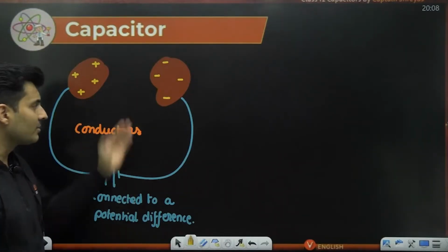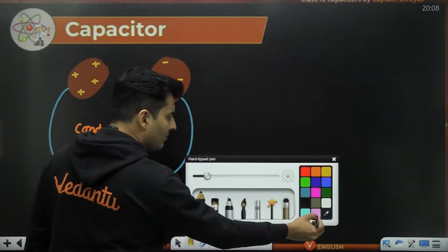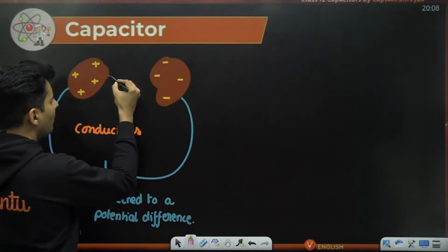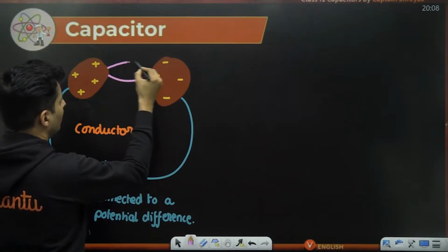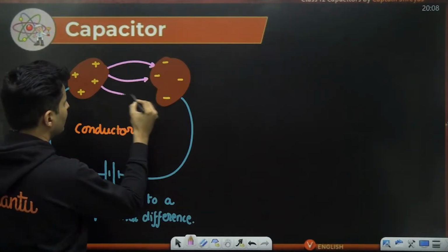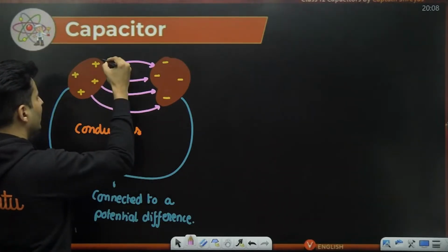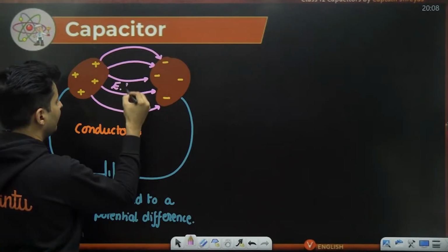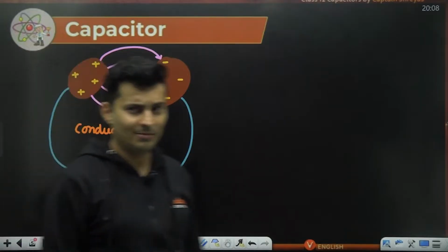Now also notice, because of these charges present over here, there will also be some kind of an electric field which will be going from the positive to the negative side, like this. This is how there will be an electric field between them.